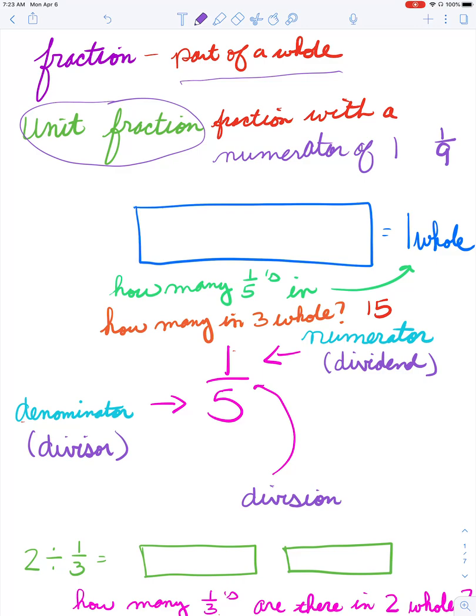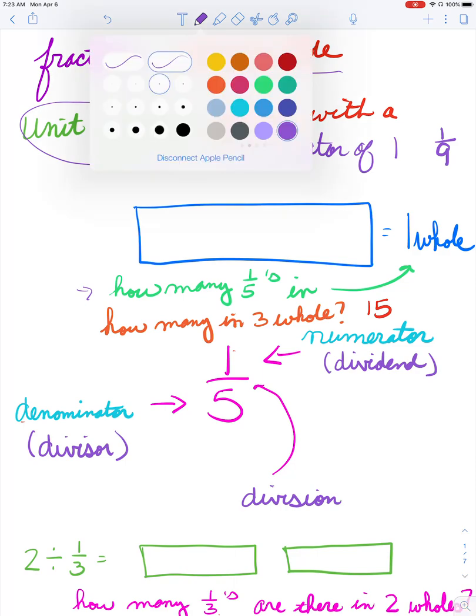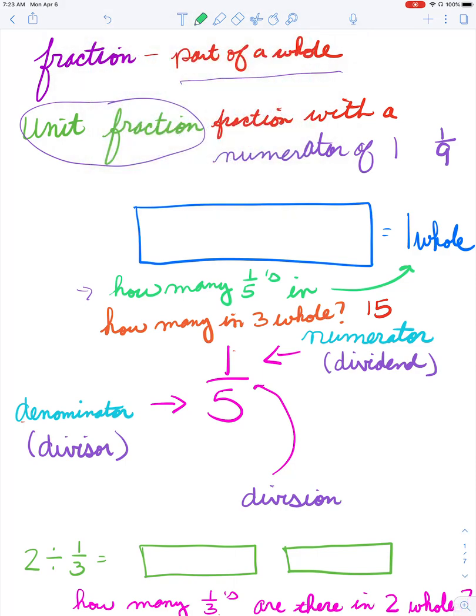So let's take this picture of a whole rectangle and ask ourselves a couple of questions. The first one I want to know is how many 1/5 are going to be in this one whole? Amut, if you were to look at this picture and ask yourself how many 1/5 could I get out of this one whole, what would you do? You're right. You would have to divide this shape into fifths.